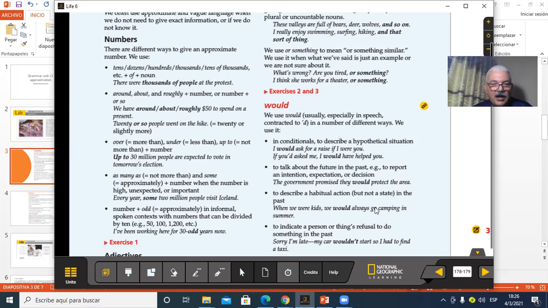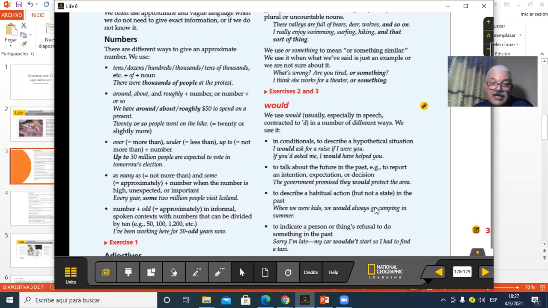We say, let's say the meaning is at some, about a given number, and of course it's just high or unexpected or important.